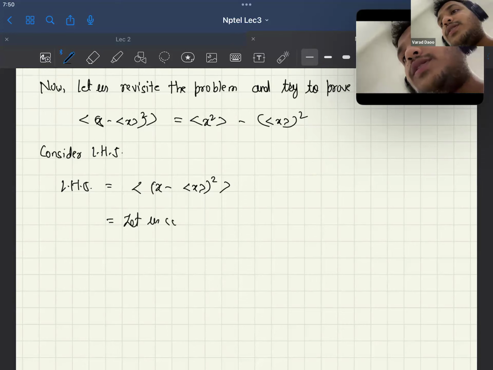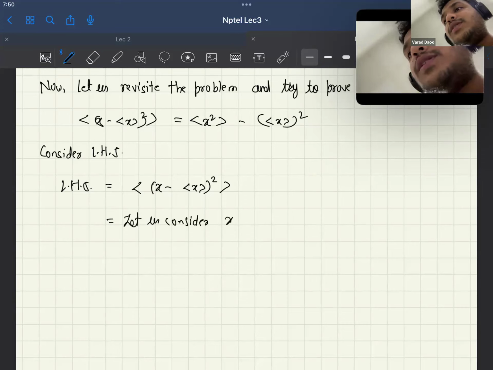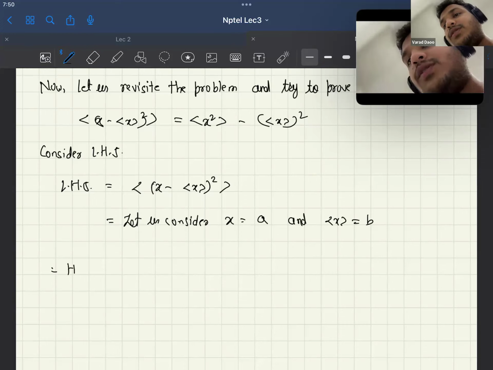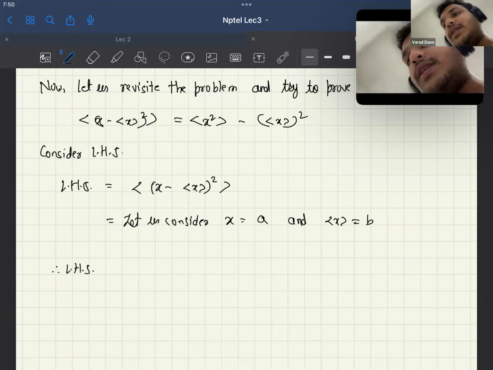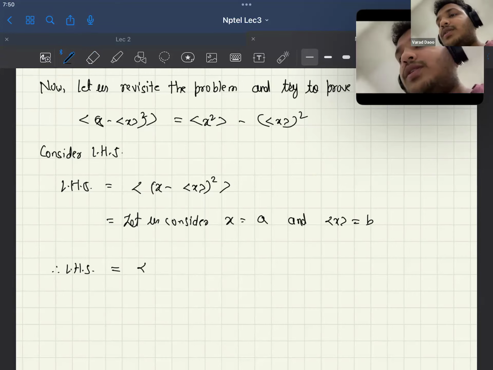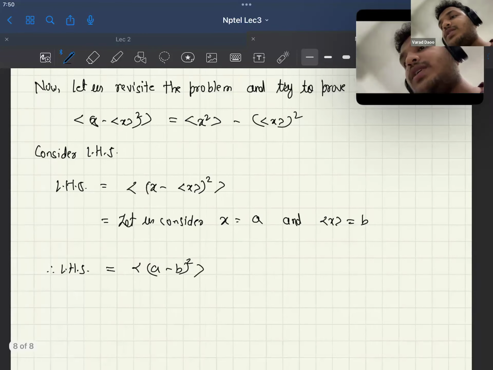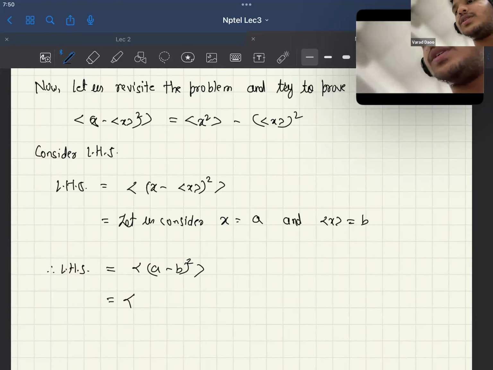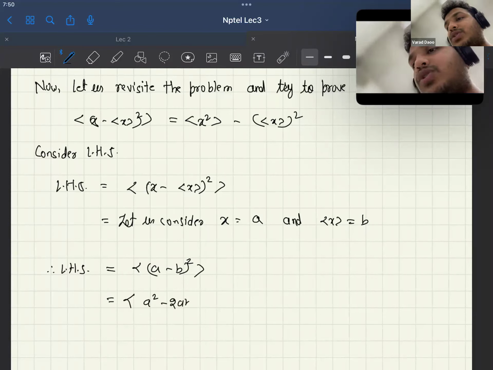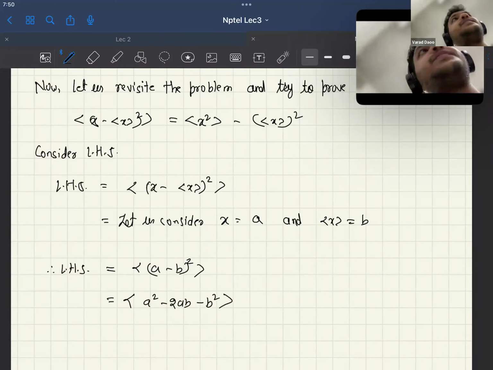Let us consider x as a and average of x as b. Therefore LHS is going to be a minus b whole square average, right? Now what is the full expression of a minus b whole square? It is going to be a square minus 2ab plus b square, right?